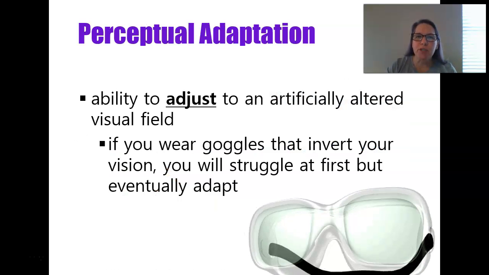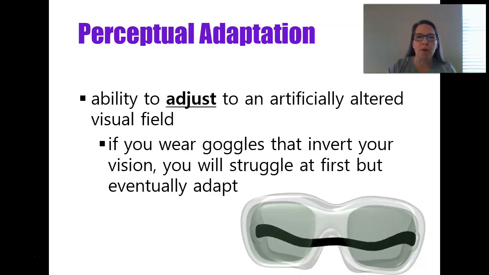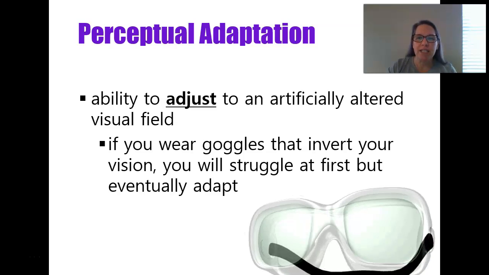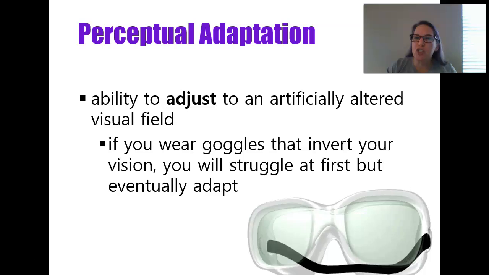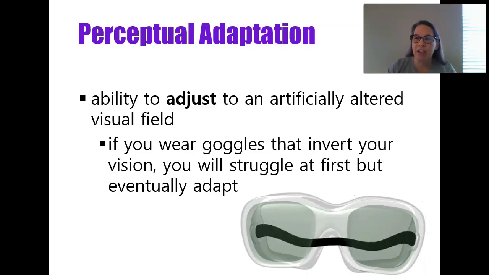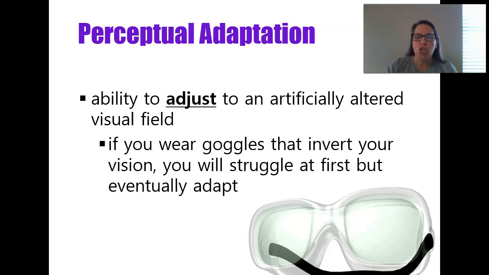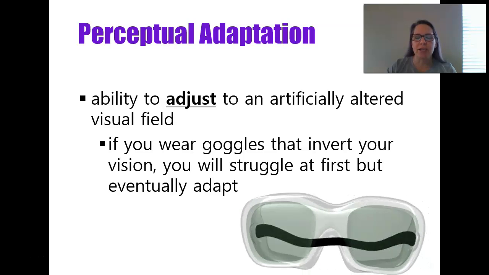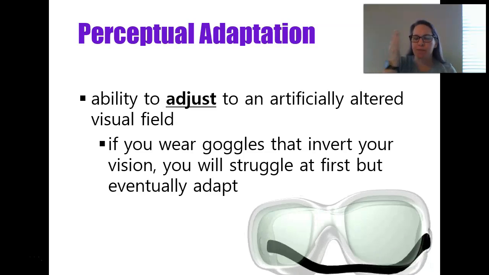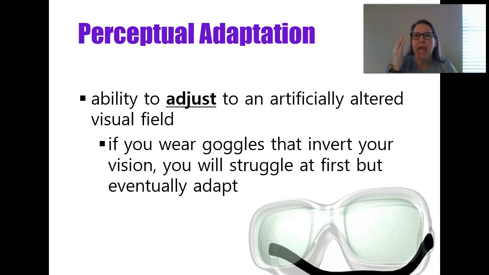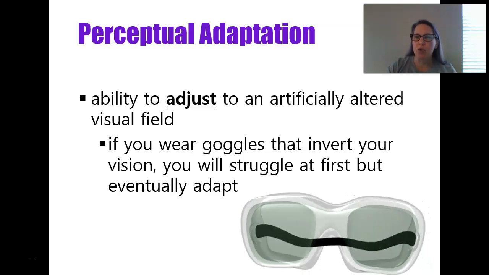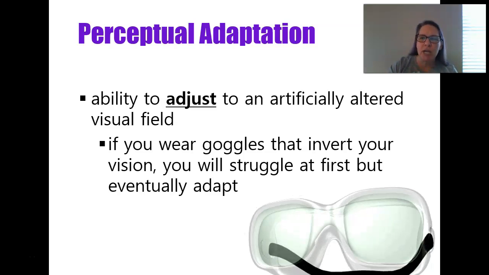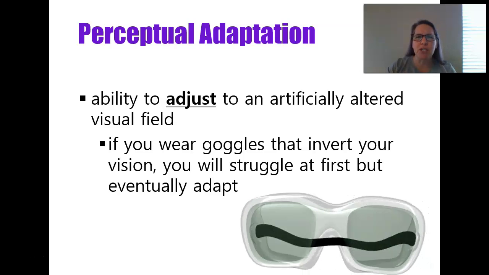All right, so perceptual adaptation. This is our ability to adjust to altered visual fields. This is specific for your visual fields. So if I asked you guys to walk around with a patch over one eye, it would be really difficult for the first few minutes, maybe up to an hour.